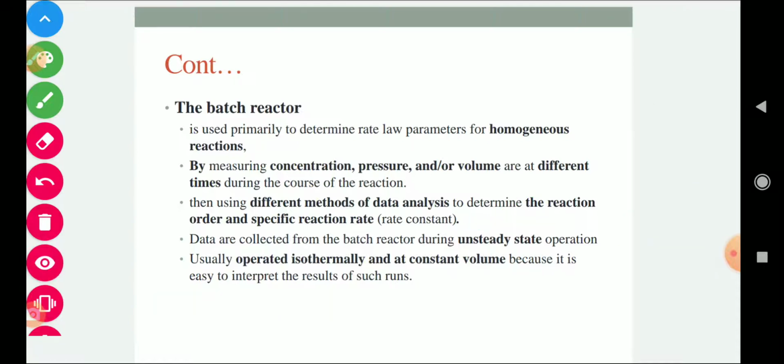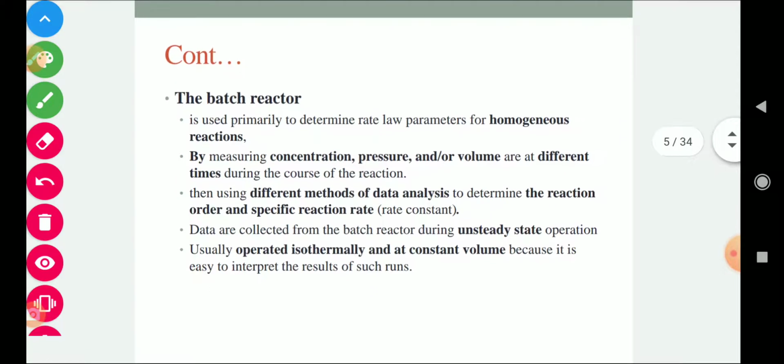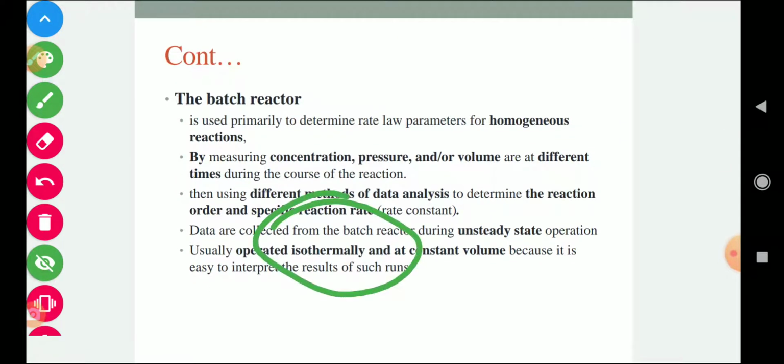If the system is non-isothermal, then the rate of reaction also depends on temperature, so it will make the process more complicated. So for data analysis we maintain constant temperature.